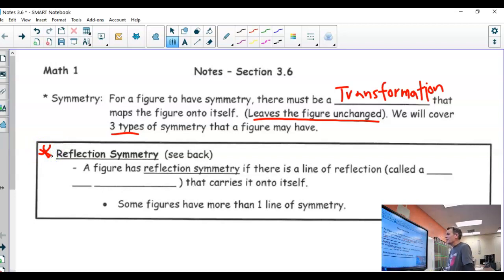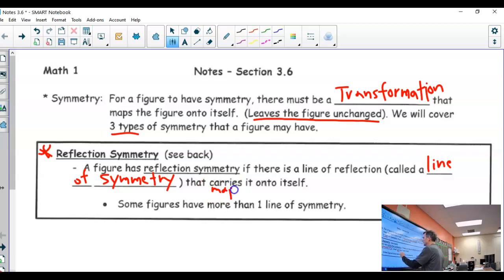A figure has reflection symmetry if there is a line of reflection, called a line of symmetry, that carries it onto itself.